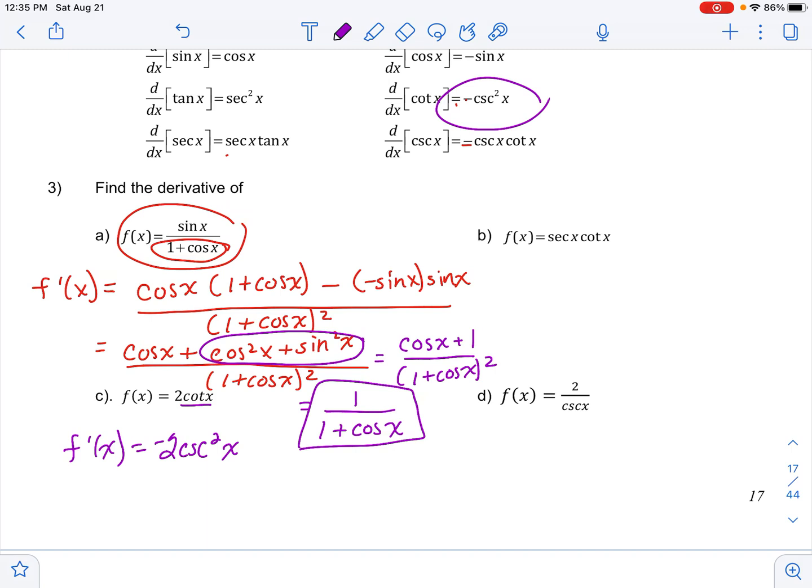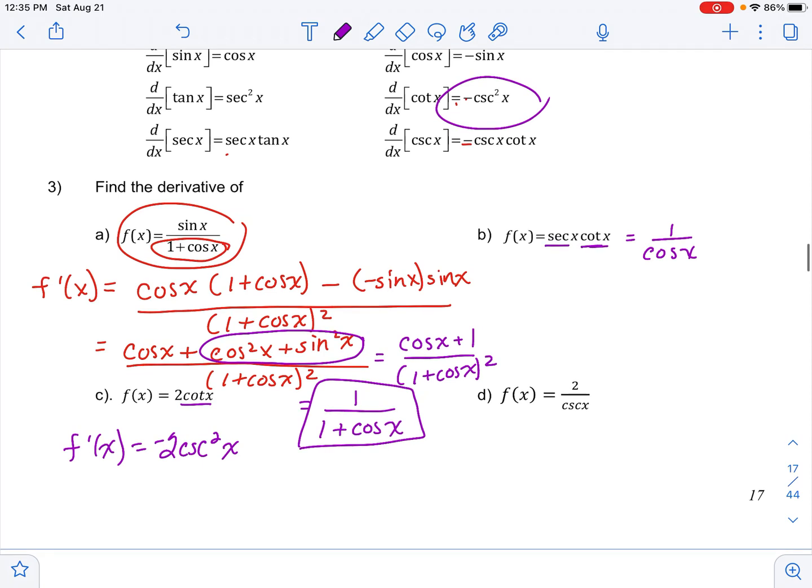Now, sometimes with the trig functions, it may be easier to simplify it first before you actually start applying the rule. So if you wanted, you can use the product rule here, which is fine. But one thing I'll notice is if I clean this up, I know secant is 1 over cosine, and then I know cotangent is cosine over sine.